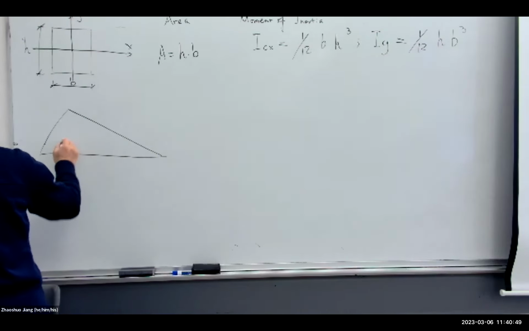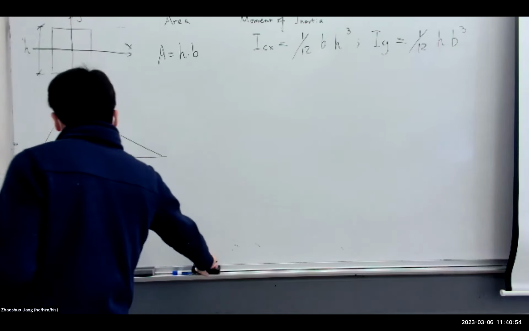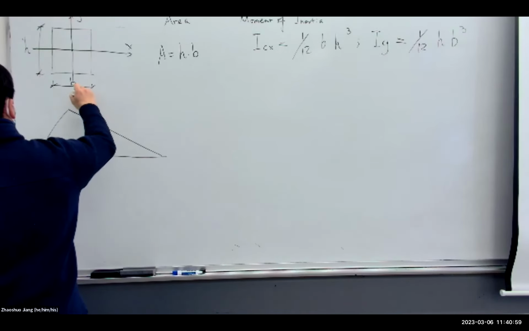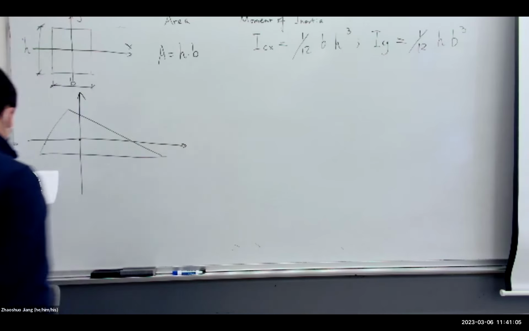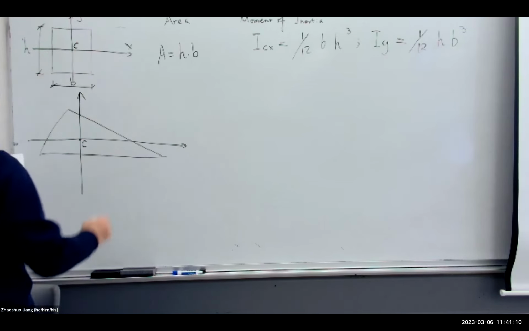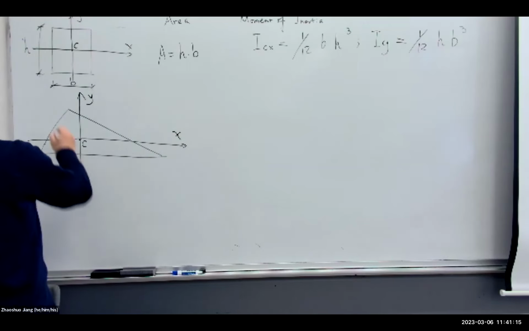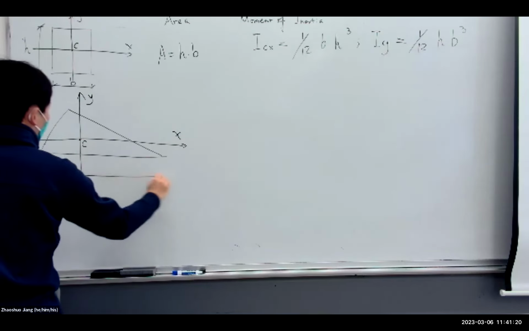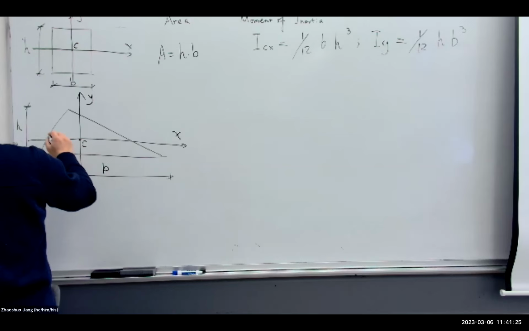the centroid is located here. Let's say this is point C. All right, this is Y, this is X, and this is the height, H, and this is the B, and this is the side here.